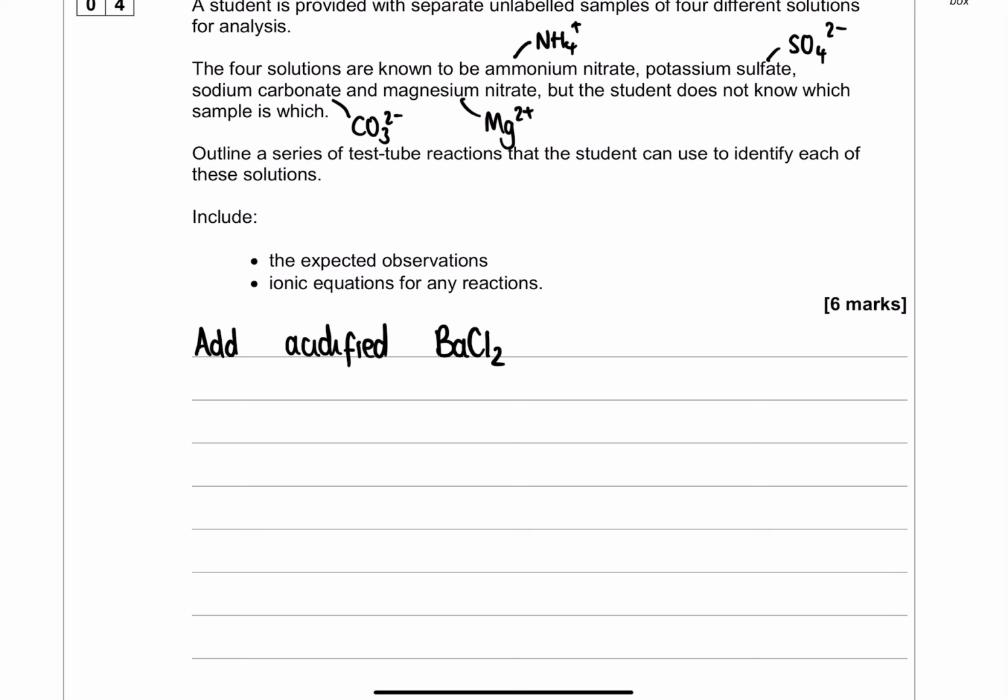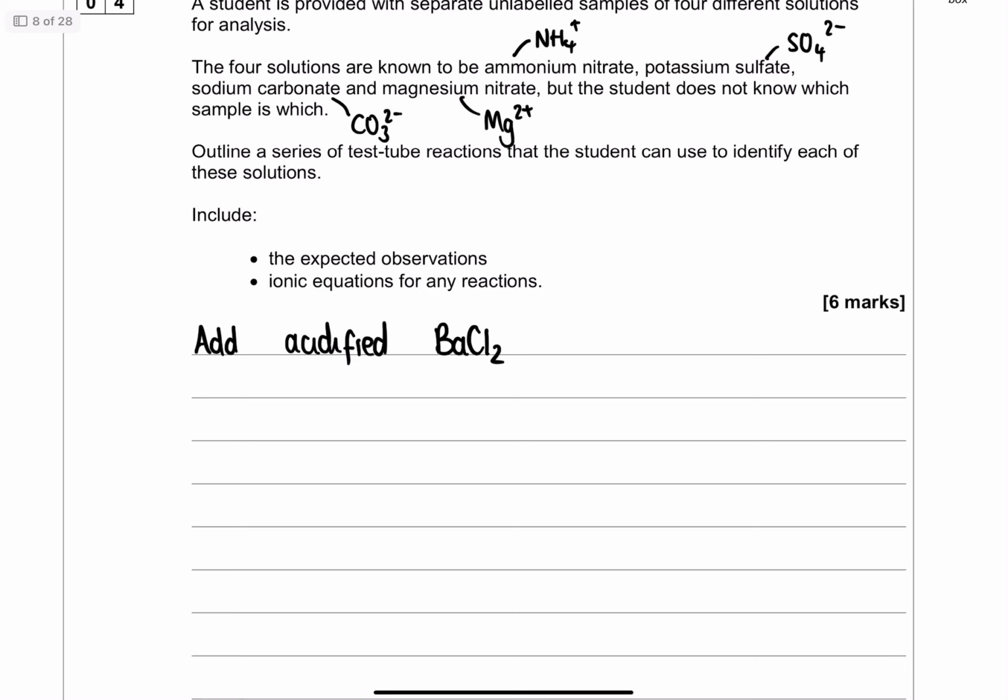Okay, so that's going to be my first test. And what will happen here is potassium sulfate will give a white precipitate.